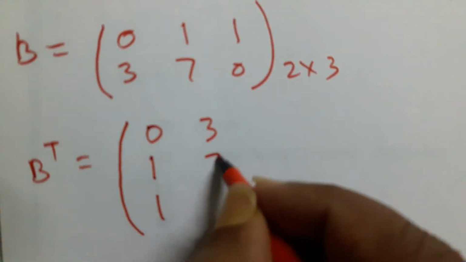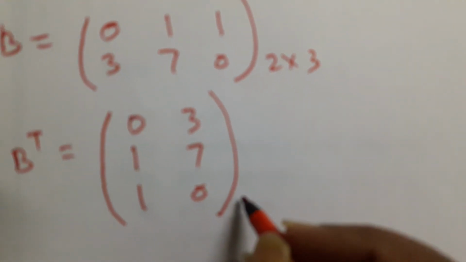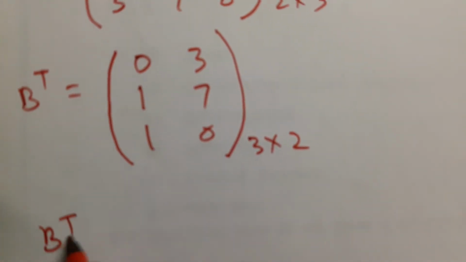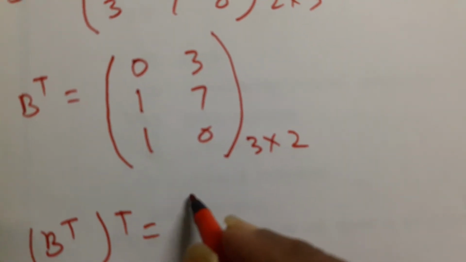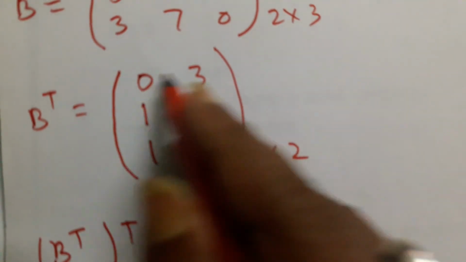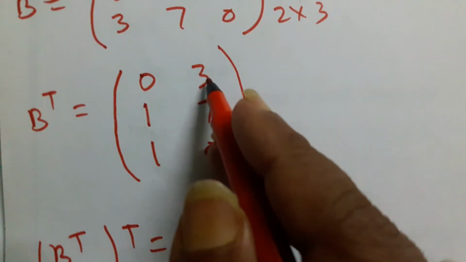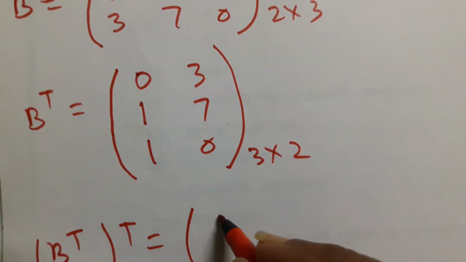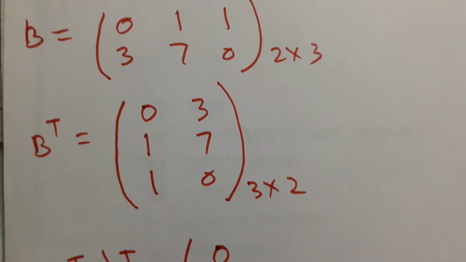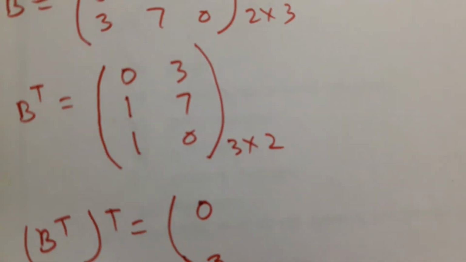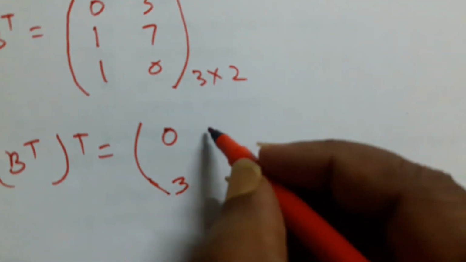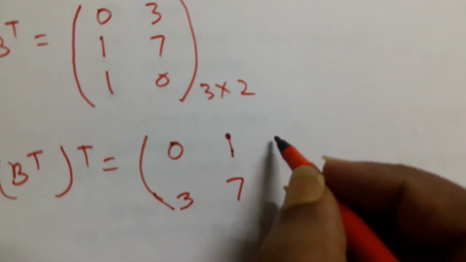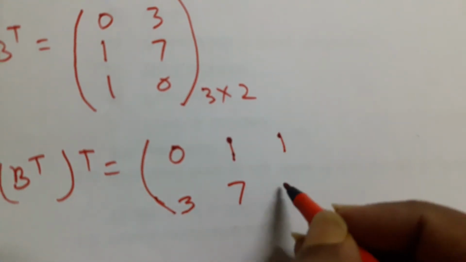Now if we consider the transpose of the transpose, the first column changes to the first row, it is 0 1 1, second column changes to second row, that is 3 7 0.